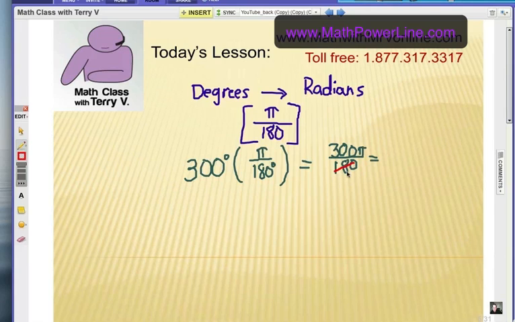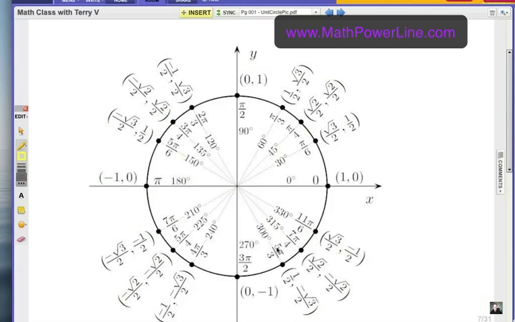I should be able to divide each of these by a factor of 60, which will leave a 3 in the denominator and a 5 in the numerator. The answer is 5 pi over 3, or 5/3 pi. Let's check the unit circle. Yes, there it is. 5/3 pi, same as 300 degrees.